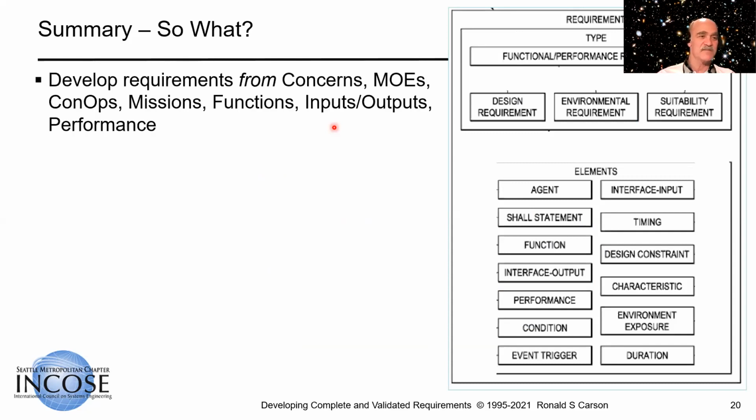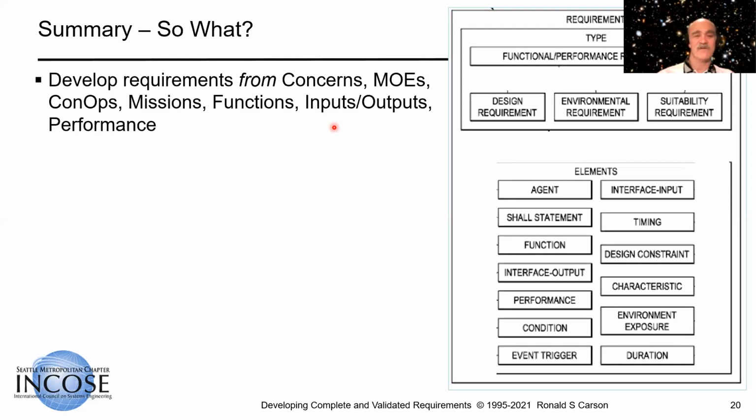So why is this important? We want to develop requirements from other things. We don't just start with requirements. So some rationale, some reason for existence of this system that's based on concerns, measures of effectiveness, concepts of operations and maintenance and test, missions and the functions derived from those, and the various inputs and outputs in the context of the system of interest and the performance attributes.